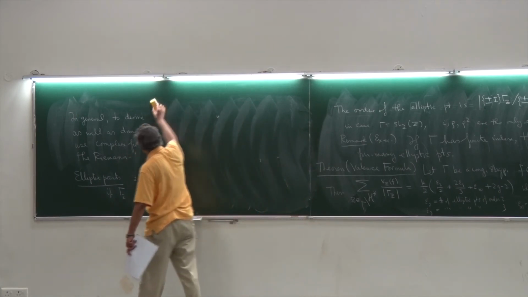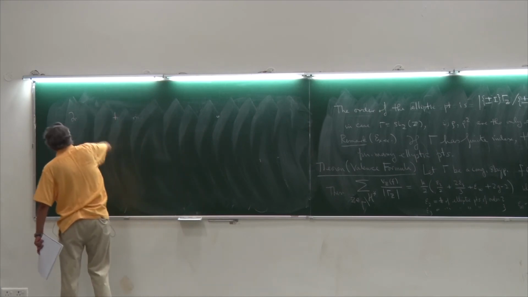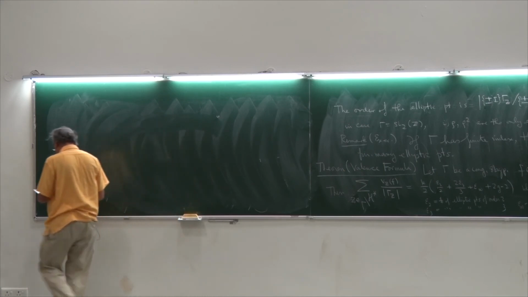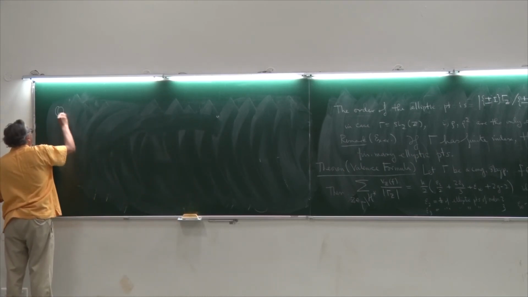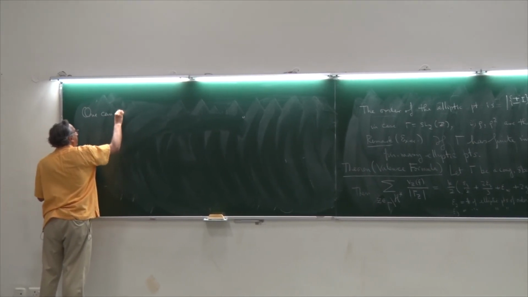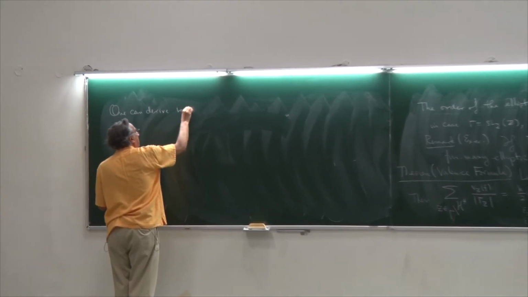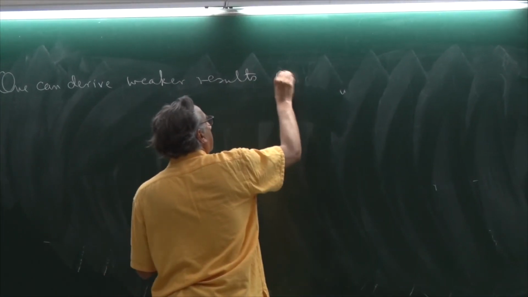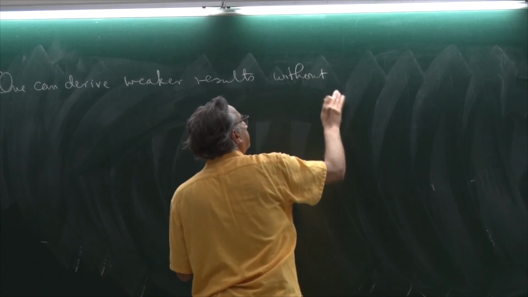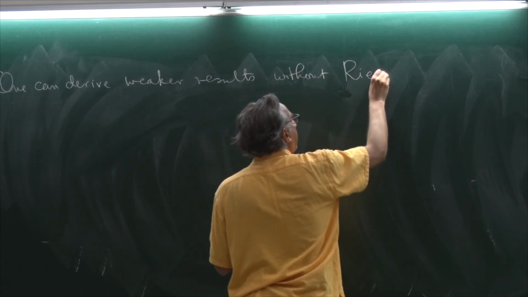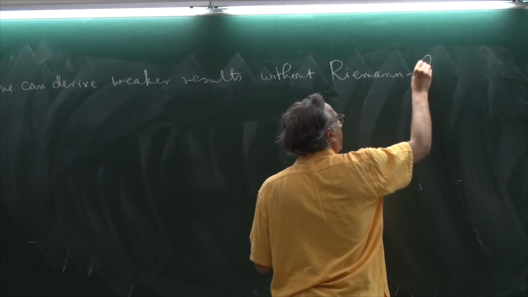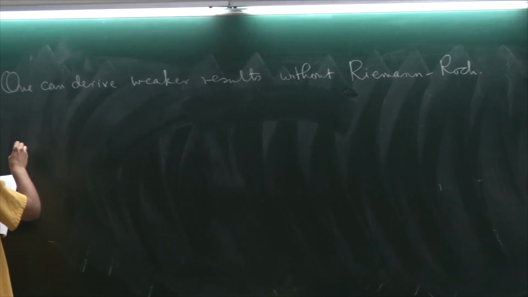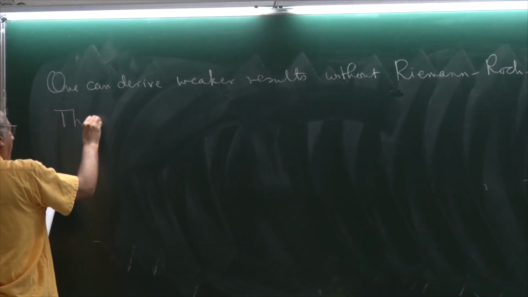So if you don't want to use the Riemann-Roch theorem to derive these formulas, one can derive weaker results without Riemann-Roch. And I supply here what's called Sturm's bound.